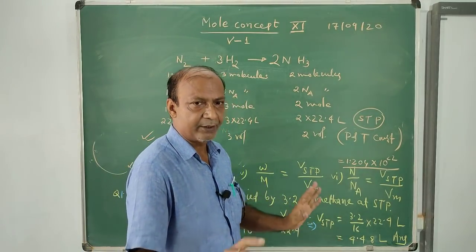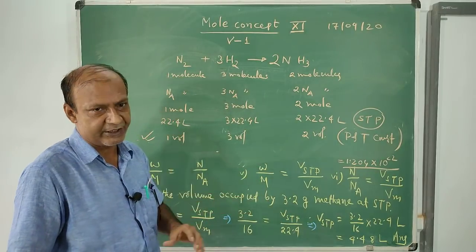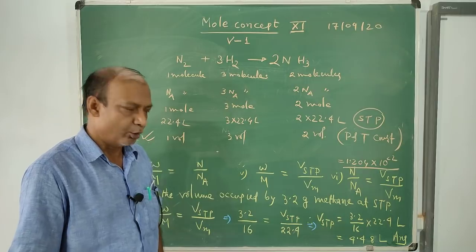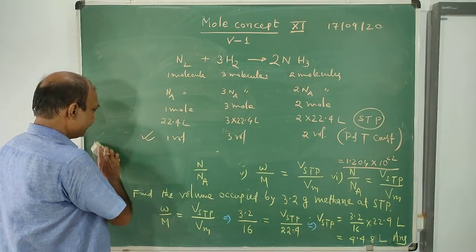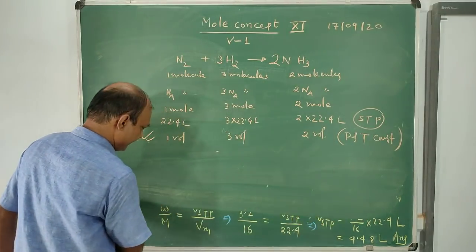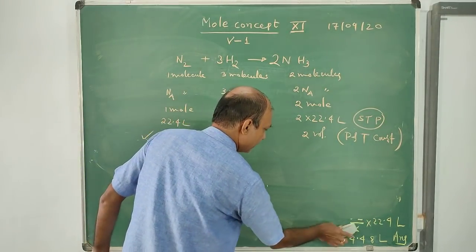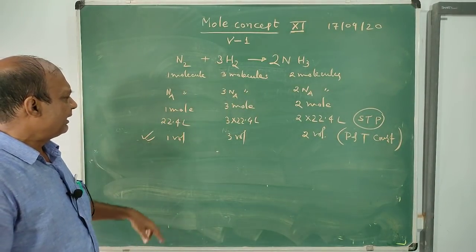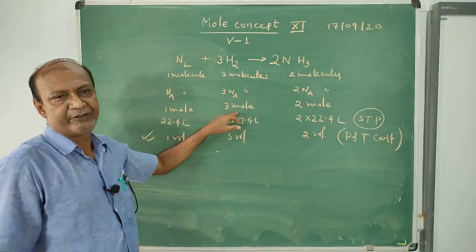I am not going to discuss more about this because we are now concerned with problems of the mole concept. If you see this ratio, it is clear that 1 mole will react with 3 moles.